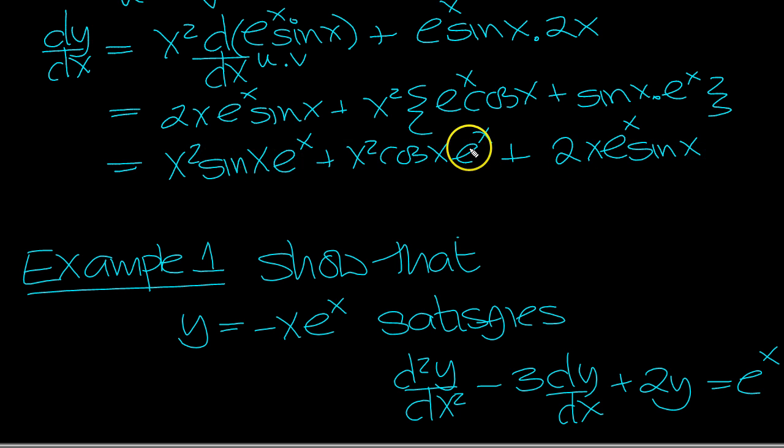And you'll notice in all 3 terms there's an e to the x common. So I'll take the e to the x outside a bracket because it's in all 3 terms. And that way I can just get rid of the one there, that one there, and this one here.